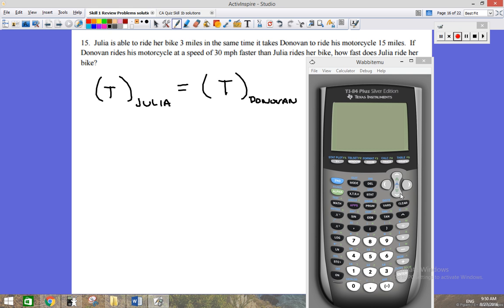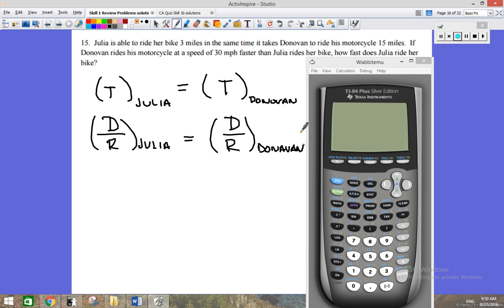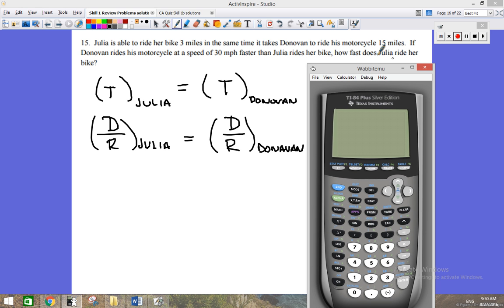Now I know the relationship that time is equivalent to distance divided by rate. So I'm going to try and get information about distance and rate for Julia from the problem, and the same with Donovan. And what it's asking for, how fast does Julia ride her bike?